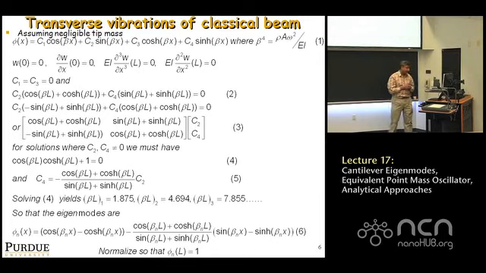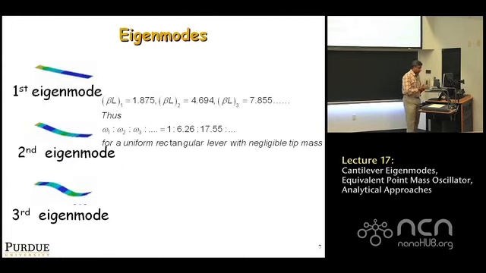Okay? So for every beta value, the corresponding shape is given by this expression. You need to plug in the corresponding beta value and you get a certain shape out of it. If you do this, what you get is this. The first eigenmode corresponds to it just moving up and down, where beta L1 is 1.875.